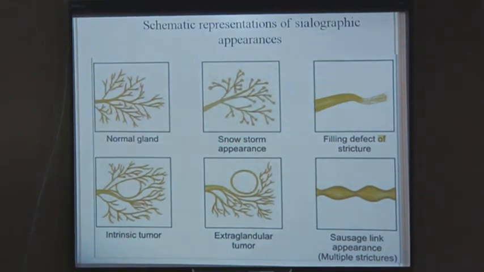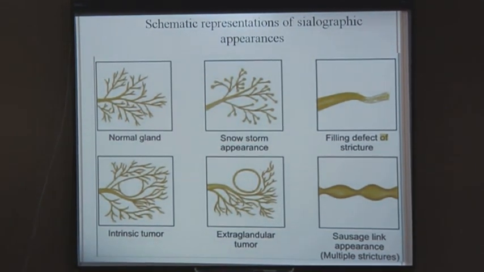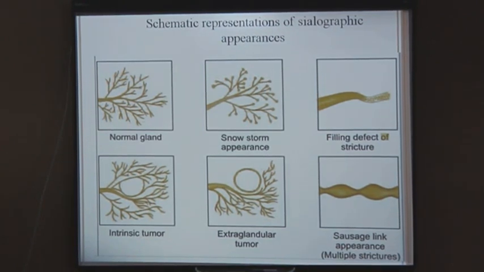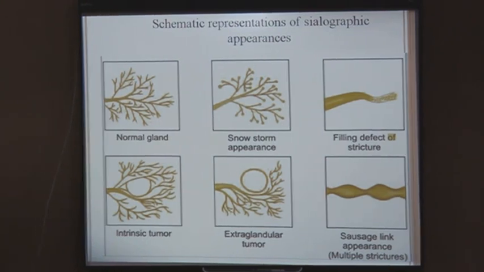Filling defects in strictures. Intrinsic tumor, extrinsic tumor, you have ball in hand appearance. Sausage link appearance in sialodochitis. Normal parotid gland appearance is tree in winter appearance. Normal submandibular gland appearance is bush in winter appearance.